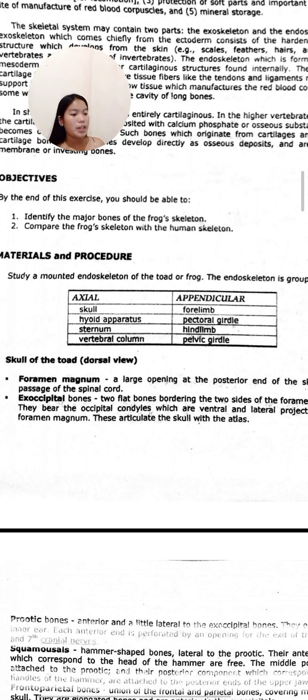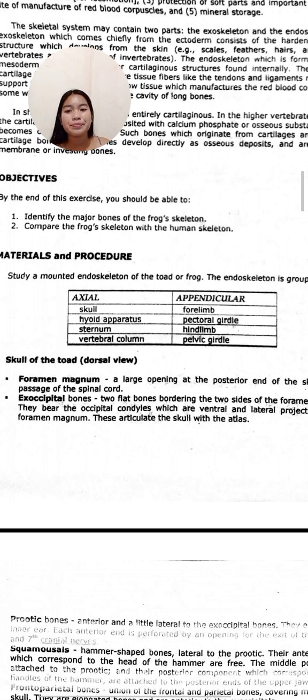In other term, foramen magnum functions as a passage of the central nervous system through the skull connecting the brain with the spinal cord. Ang foramen magnum nag-connect na siya sa brain and the spinal cord. On either side of the foramen magnum is an occipital condyle. These condyles form joints with the first cervical vertebra.